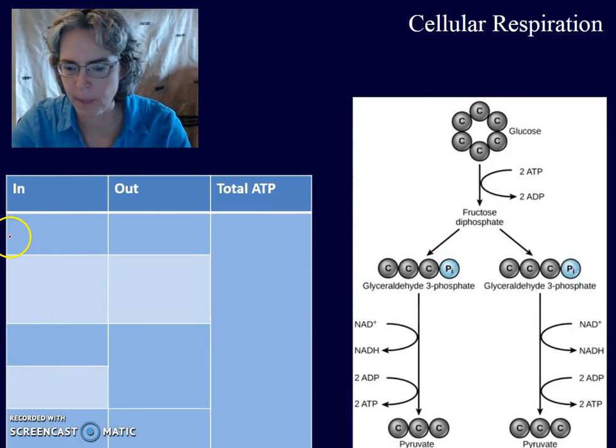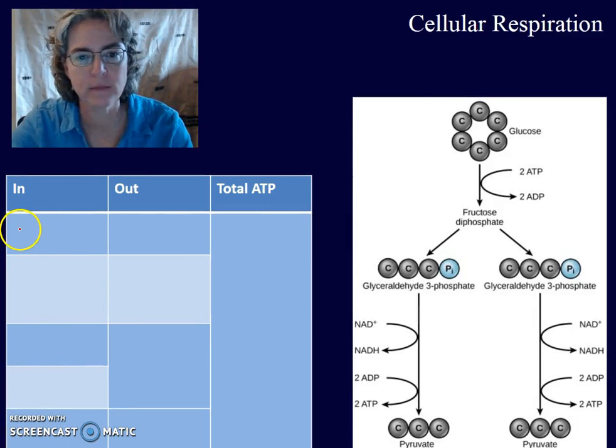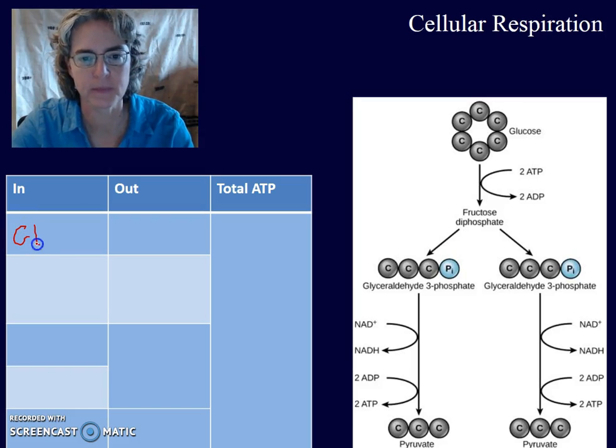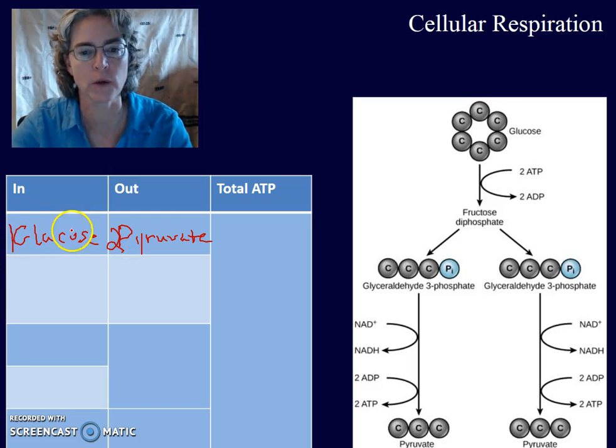So in, we've got glucose. And out, we have pyruvate molecules. And there's 2 of those. So for every 1 glucose molecule that goes in, there's 2 pyruvate molecules that come out.